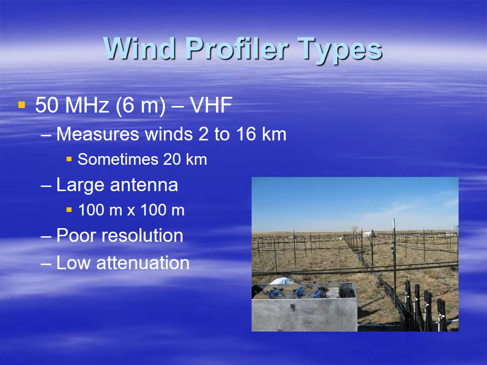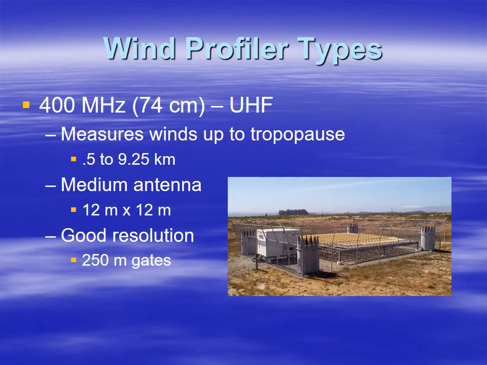So we said that these have low attenuation, but they have poor resolution, meaning that the smallest element that they can detect is typically on the order of about 6 meters, which actually is not very good for this particular type of wind measuring device, believe it or not.